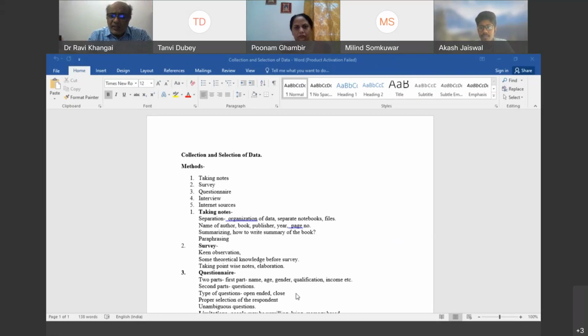While giving a questionnaire for the collection of data, you must also remember that the respondent should be properly selected. For example, if you want to do a survey about the effect of the new education policy, and if you go to the village, probably you will not get the answers. You are not selecting the respondent properly. You may have to go to the colleges and universities, and meet the young people who are engaged in education.